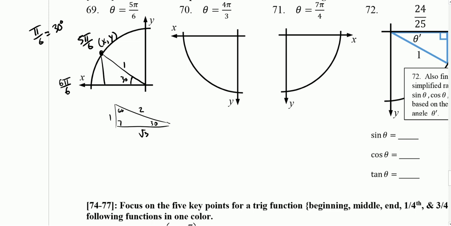Respecting our quadrant, we know that our x value is negative, our y value is positive, and so the x value is the cosine of our angle, and the cosine is adjacent over hypotenuse. The y value is the sine of our angle, and that's opposite over hypotenuse. So our coordinate, x y, is going to be negative root 3 over 2, comma 1/2.